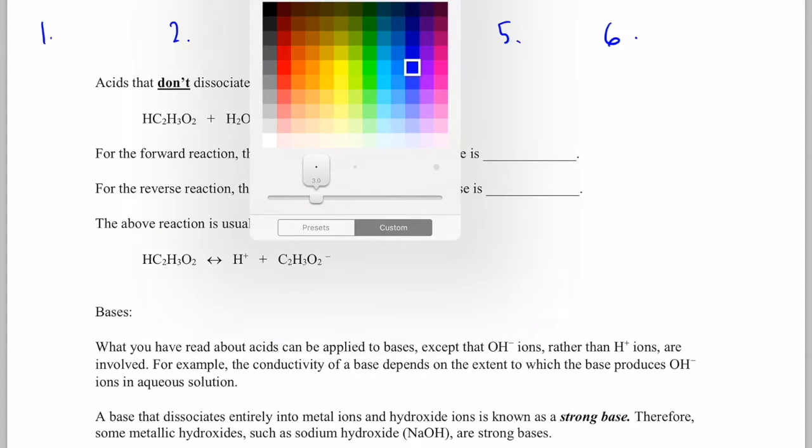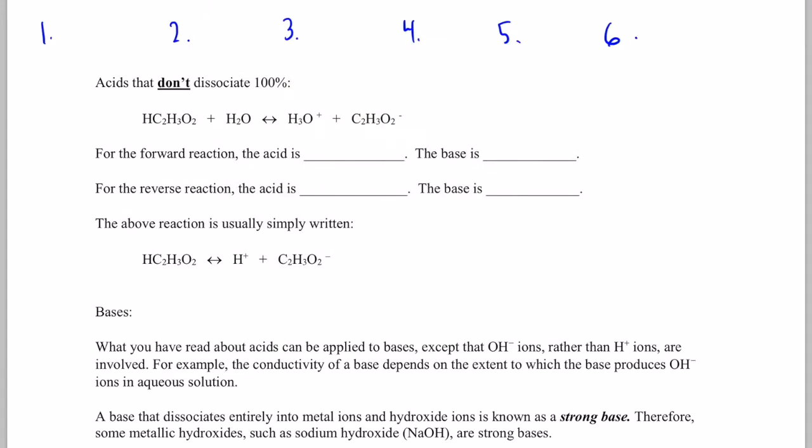All right, welcome back. How did you do? Let's see. Is HCl listed as one of your strong acids? Hydrochloric. How about HBr? Hydrobromic. HI? Hydroiodic acid. How about HNO3?